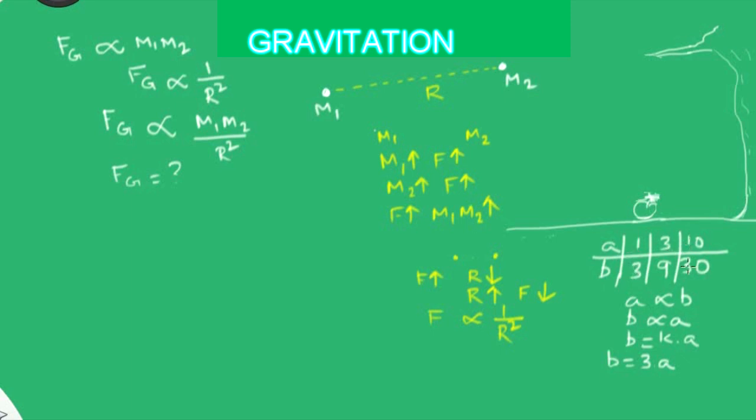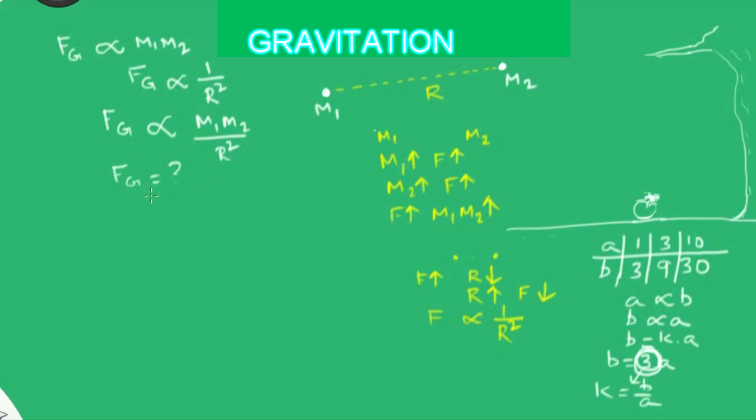Whenever A is 10, I get B as 30. So this parameter, which helps us get the direct relation between the two, is the proportionality constant, where here I can find it as B by A.